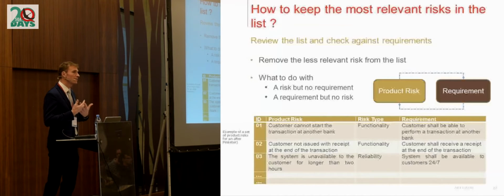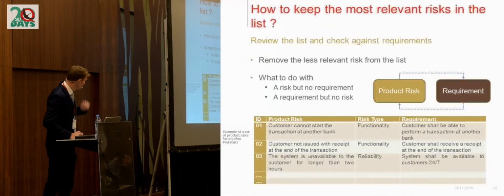So there's a real link, a real traceability between risks and requirements, and I would say that a specific risk should normally be associated to a couple of requirements, between 3 to 10 maybe.